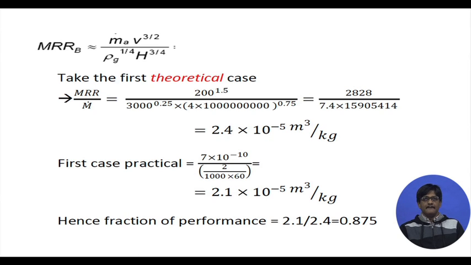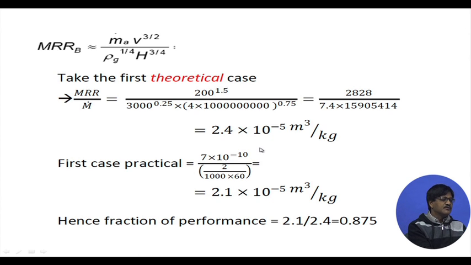Now, let us see the experimentally obtained value. What is the experimentally obtained value? The actual experimentally obtained MRR divided by the consumption of abrasives. So, that value was 7 into 10 to the power minus 10 divided by the consumption of abrasives.